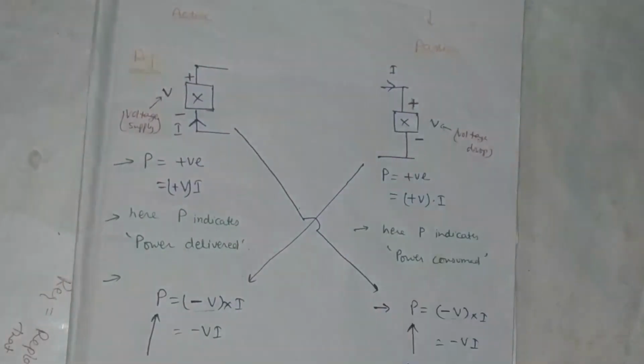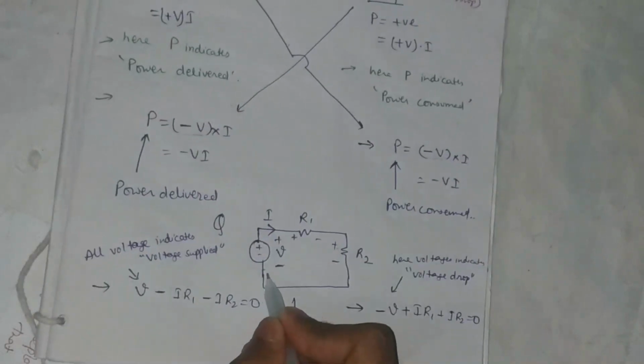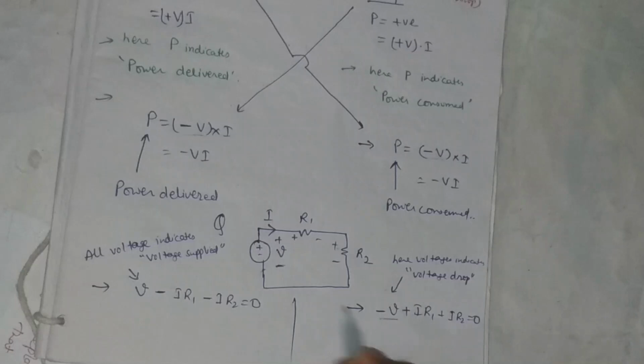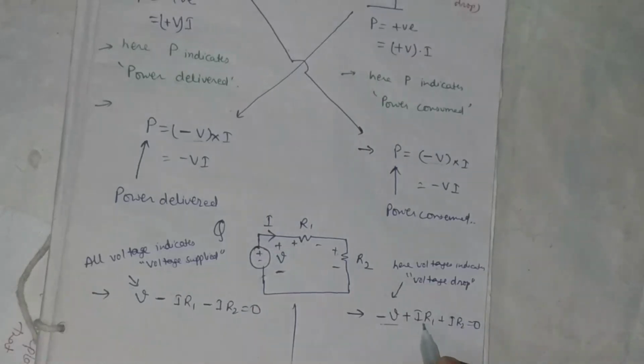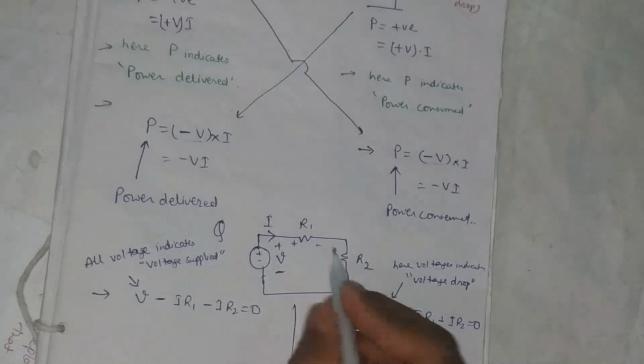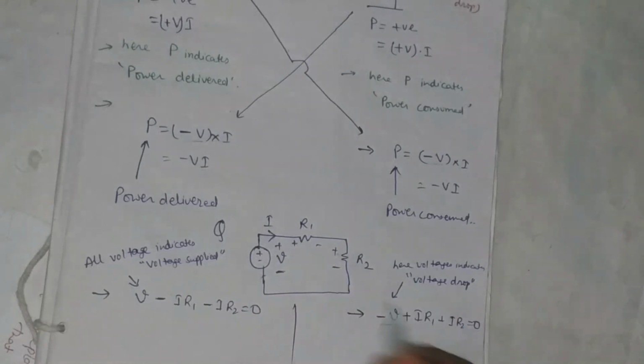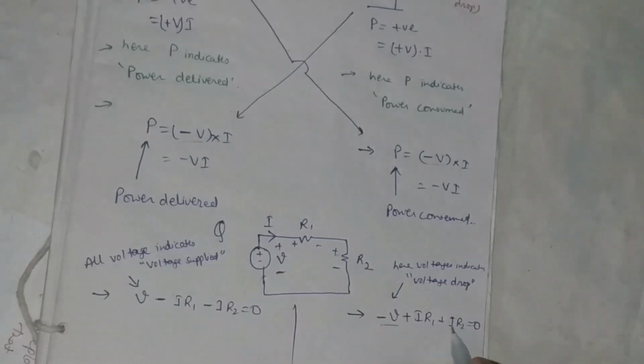Here current enters from the negative side, so negative V. Then here current enters from the positive side, so plus I into R1, the voltage drop across R1, and here the current enters from the positive side, so plus I into R2 equals 0. This is the equation in passive sign convention.